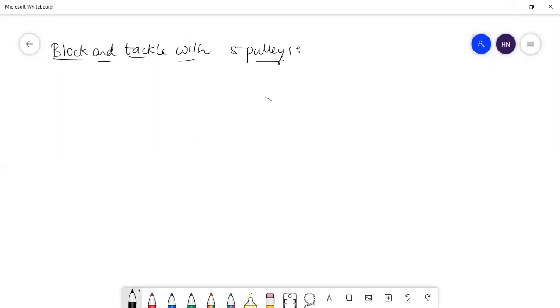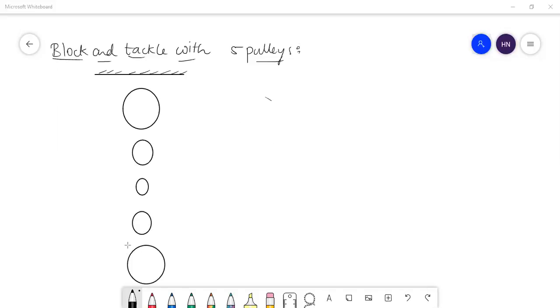Let's try to check one. Now the first and the last will be the same, and the second and second last will be the same in size.